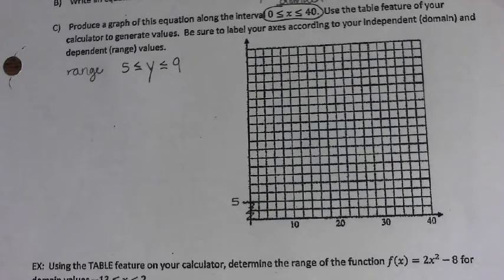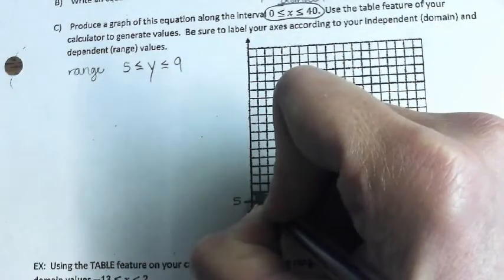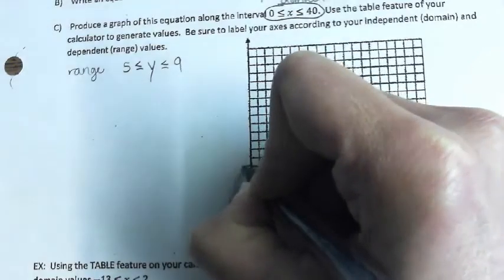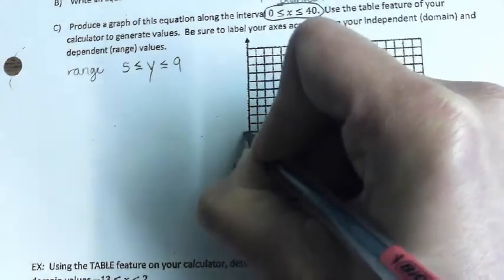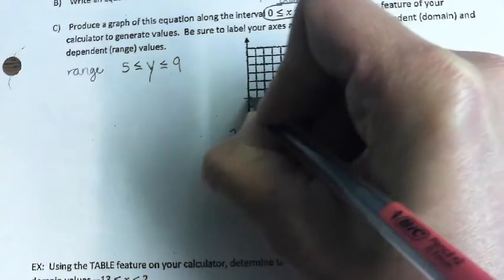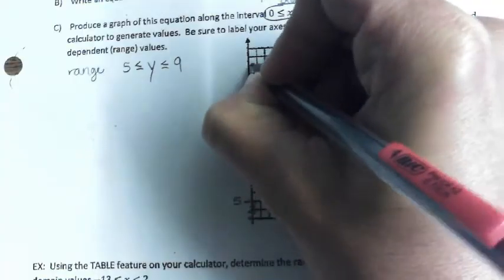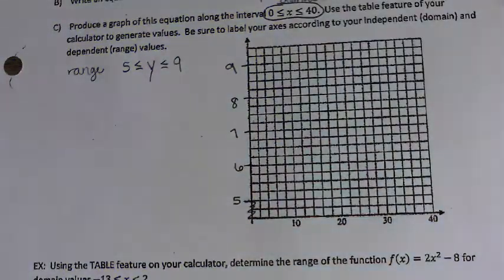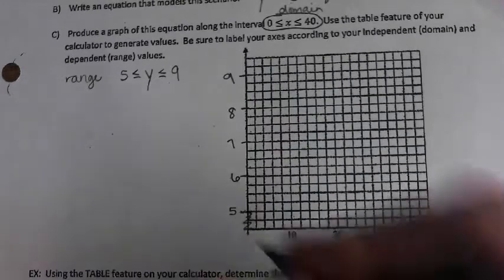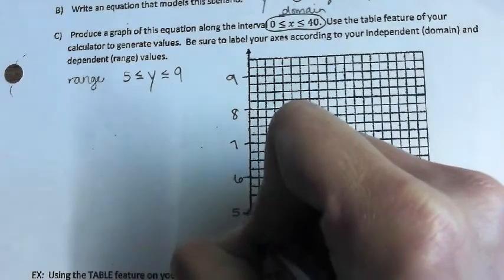And then maybe I'll count every 4 lines as 1. So 1, 2, 3, 4, that could be 6. 1, 2, 3, 4, that could be 7. That could be 8. 1, 2, 3, 4, that could be 9. And then we have a starting point at 0, 5.